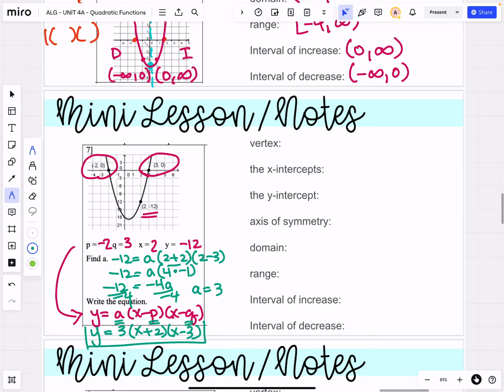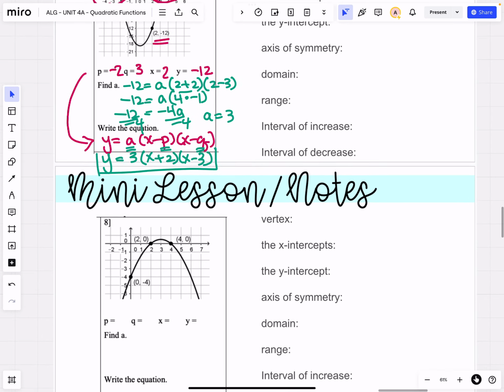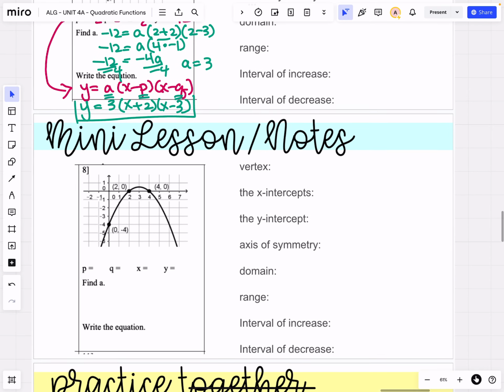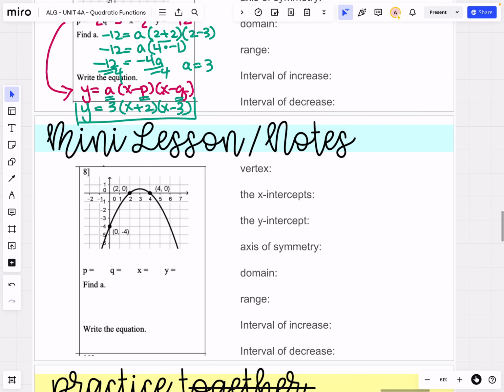Going to do one more like that and give you a chance. All right. Same idea here. Identify your p, q, x, and y. P and q are 2 and 4. X and y is going to be 0, negative 4. Remembering my function, y is equal to a times x minus p times x minus q.